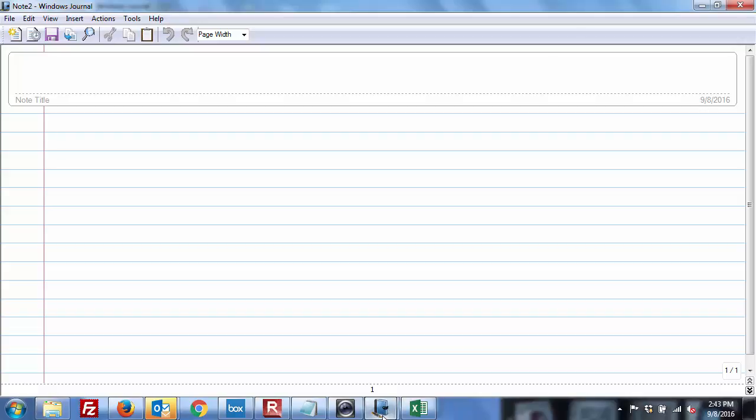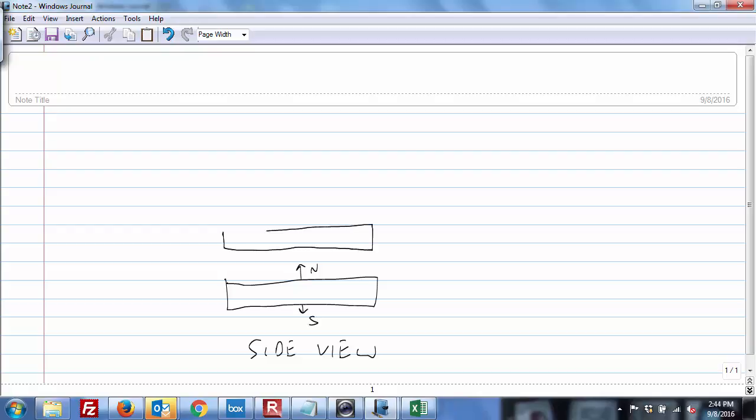Everyone's played with magnets before, but if you have a pair of magnets, this is just a side view, and you've got a magnet with a north side and a south side. And if you take another magnet with a north side and a south side, you'll notice that these magnets repel each other.